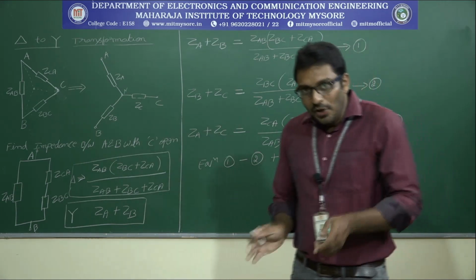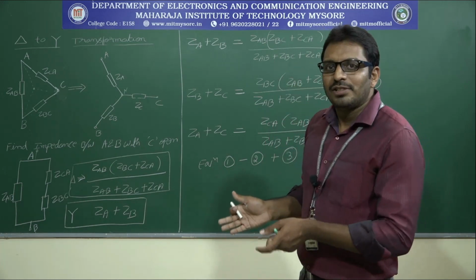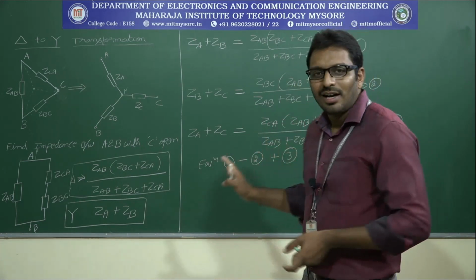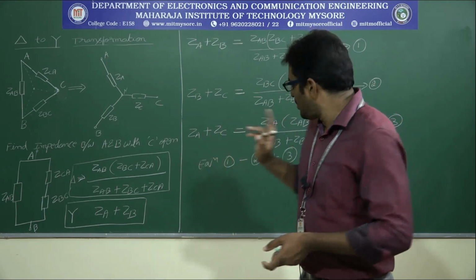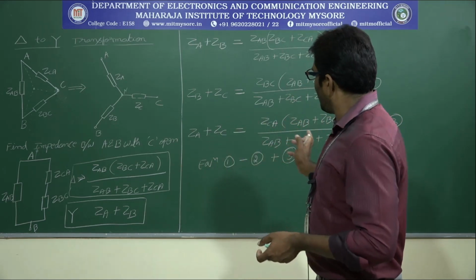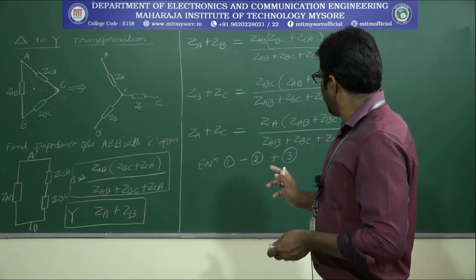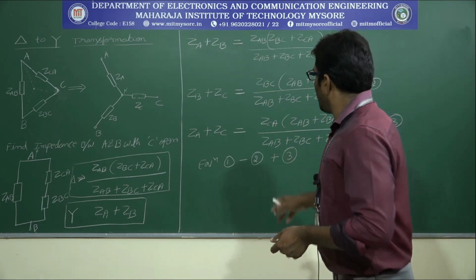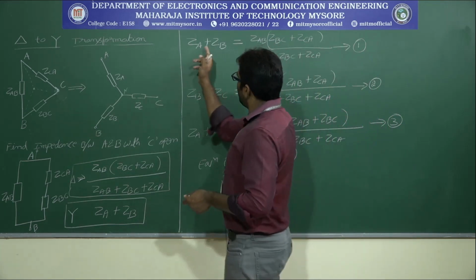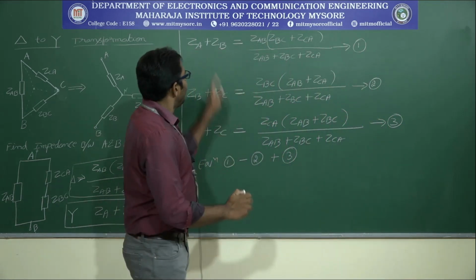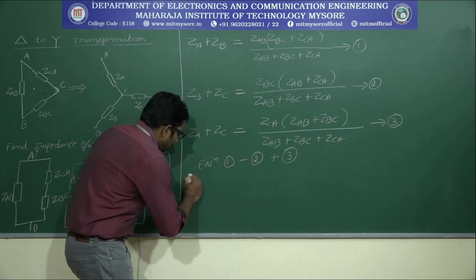I know which variable we can find by using this basic operation, equation 1 minus 2 plus 3. Let me calculate which term we obtain by this operation. What is the LHS?